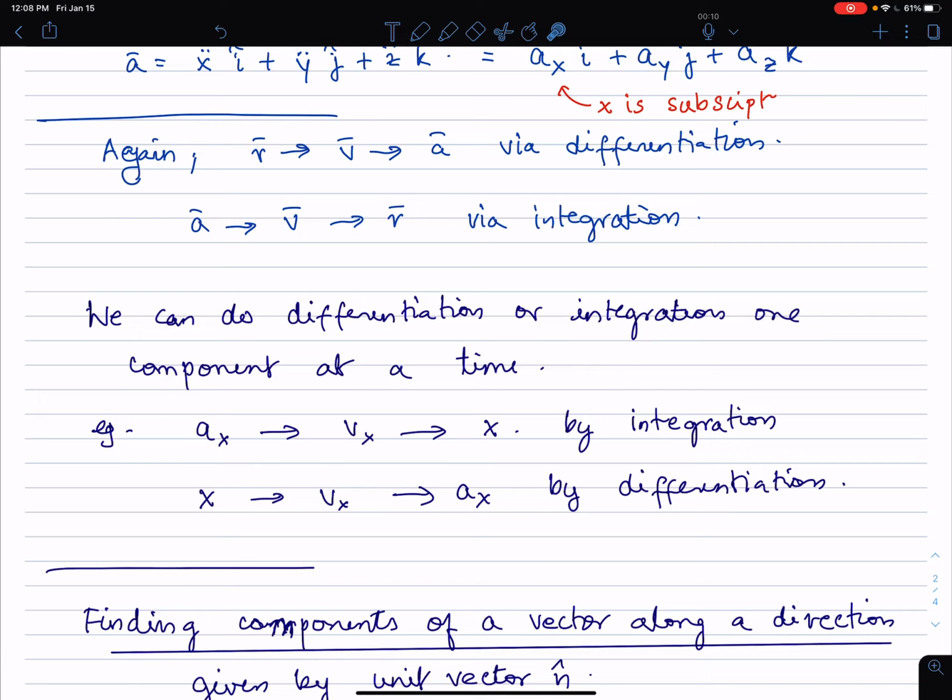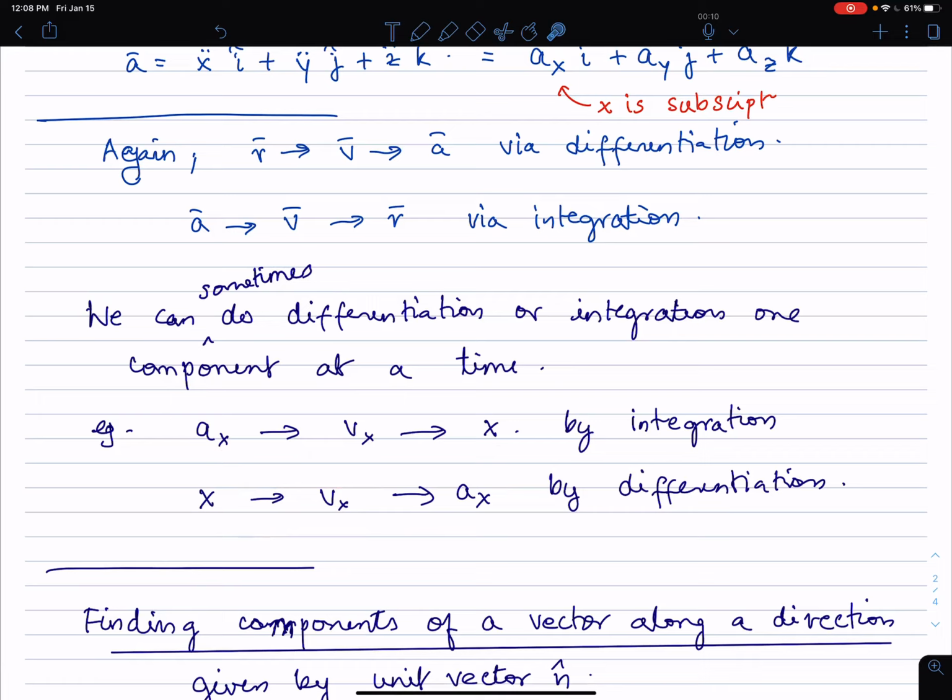So this is actually something that I wrote, but it's sometimes true. We can sometimes do integration or differentiation one component at a time. It really depends on if this is a function of time, then you can do this one component at a time.